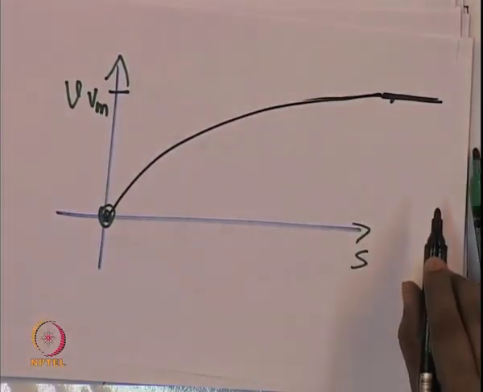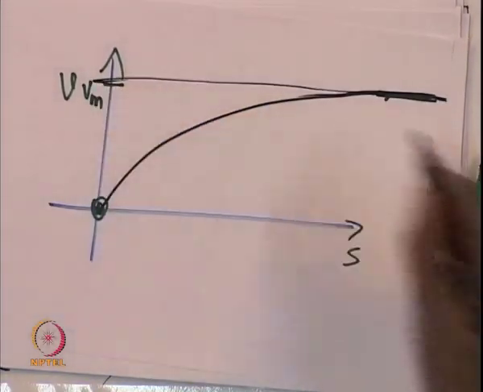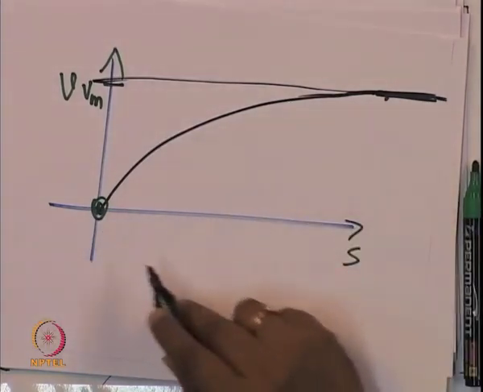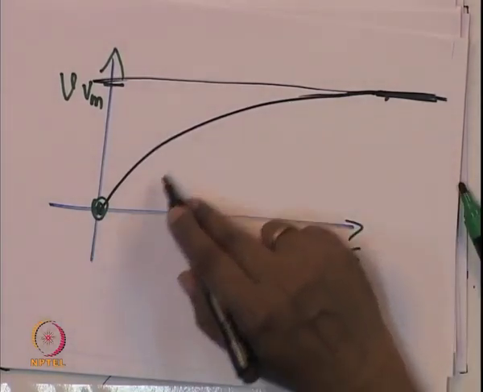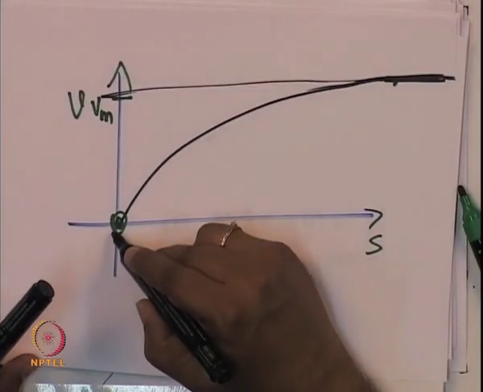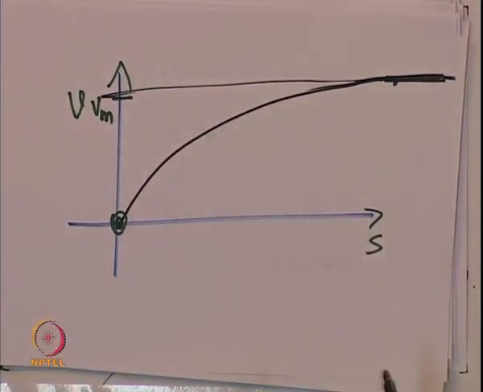So, as S tends to infinity, this has to saturate to this value Vm, and there is no minima or maxima, it is just a curve like this. You know that enzyme kinetics curves look roughly like this, slowly increasing and saturating to a constant value. So, this is what we saw.